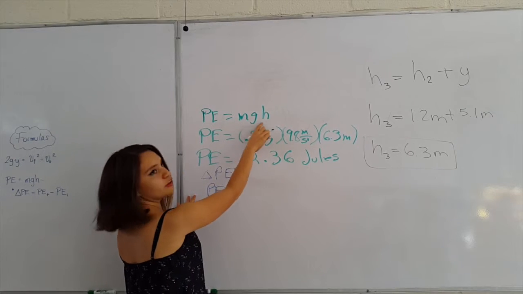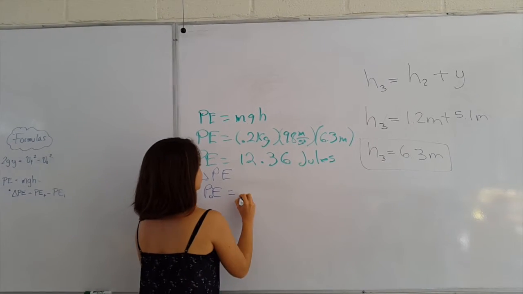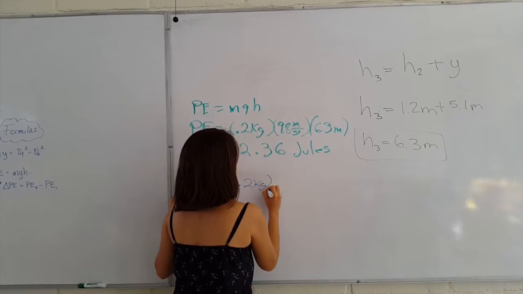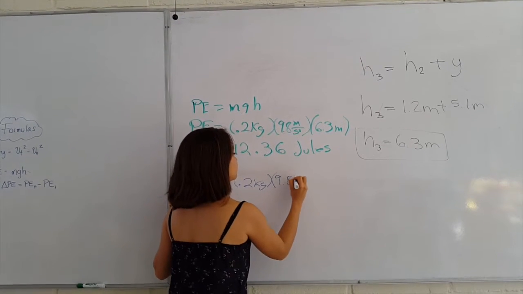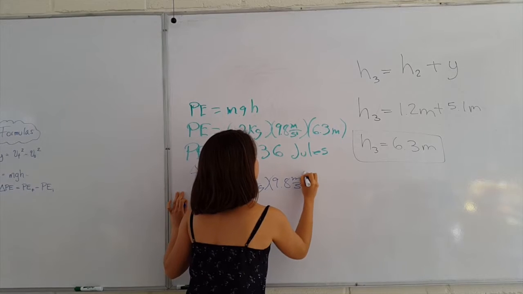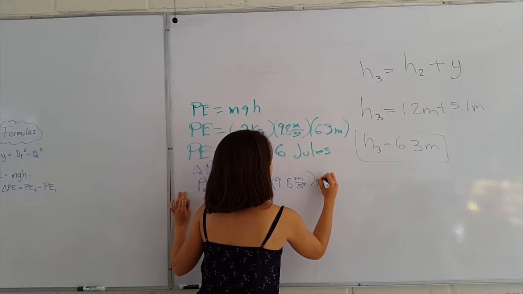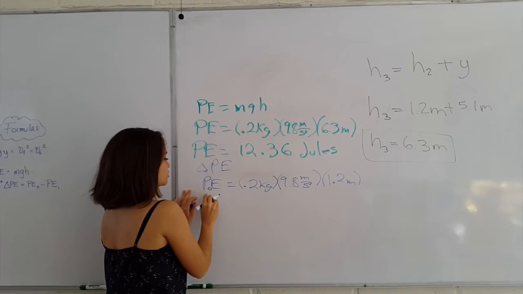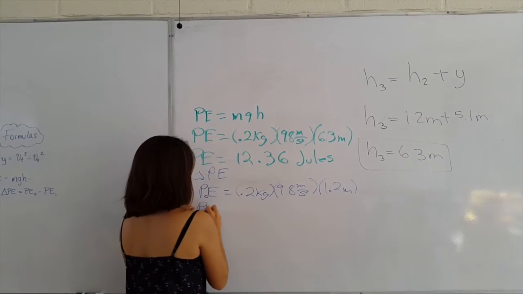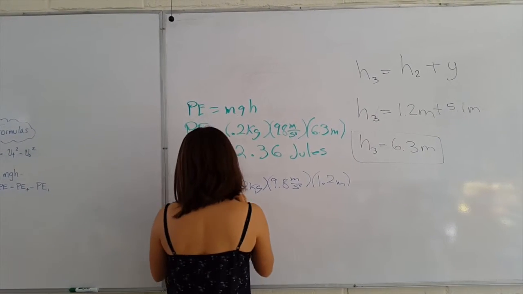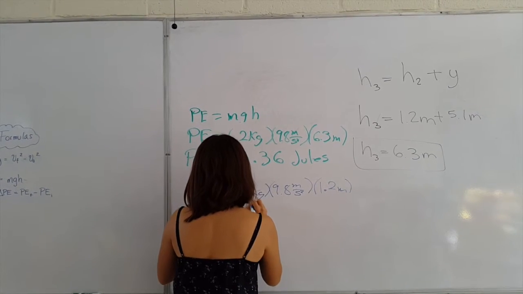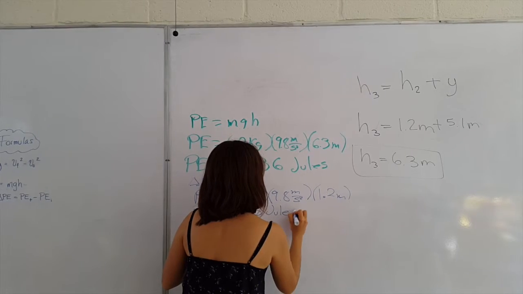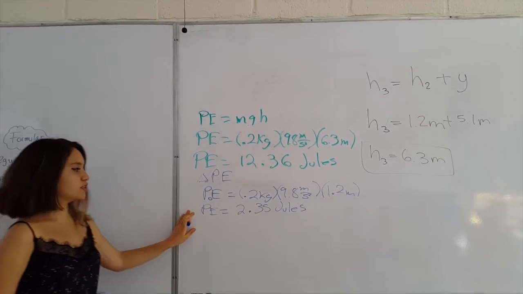It's equal to, of course, the same formula: 0.2 kilograms times 9.8 meters per second squared times the height, 1.2 meters, the given height. Once we've got this in, the result is 2.35 joules. That is our initial potential energy.